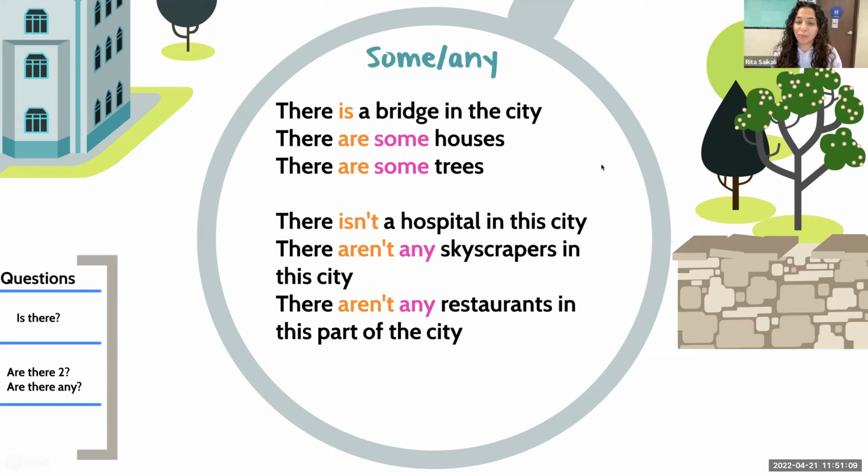There aren't any restaurants in this part of the city. So when there is a not, it's any. When there is no not, so N-O-T, right? Then it is some, okay? So when it's positive, we use some. When it's negative, we use any.